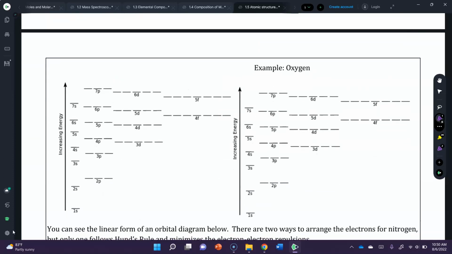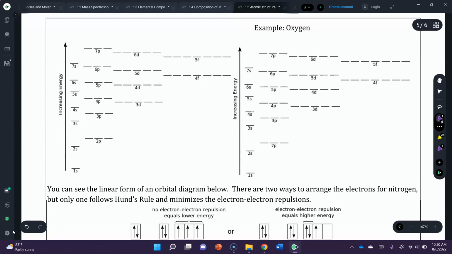So we have some examples here, and I'm going to do them really quick. We have just the setup. If we were to fill it for oxygen, as we go through, in the 1s we have hydrogen, helium, lithium, beryllium, boron, carbon, nitrogen, and then oxygen.